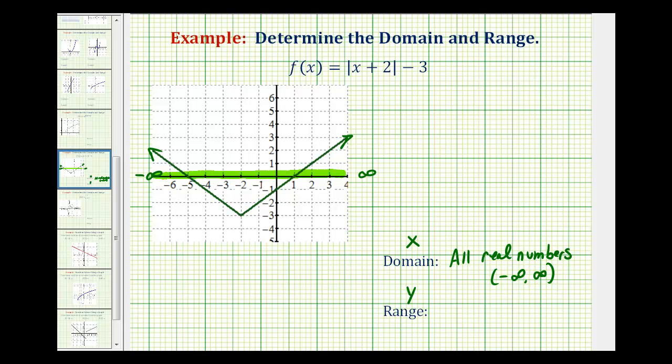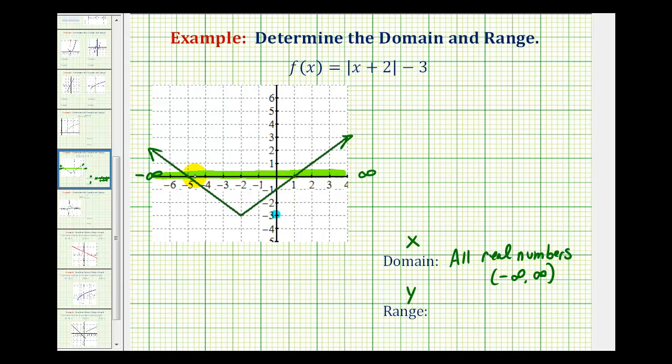Now to determine the range, we would have to project the graph onto the y-axis or determine how the graph behaves vertically. Notice how the lowest point on the graph is this point here with a y value of -3. And then from here, of course, the graph is moving to the right and left very quickly, but notice how it's also moving upward.